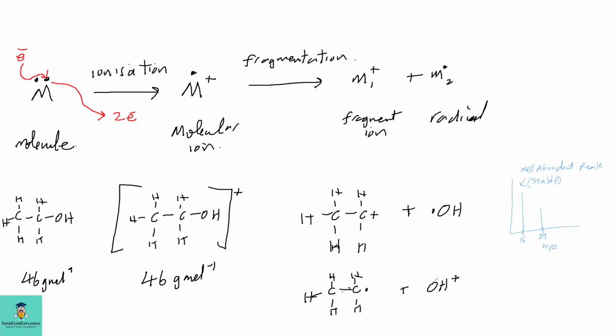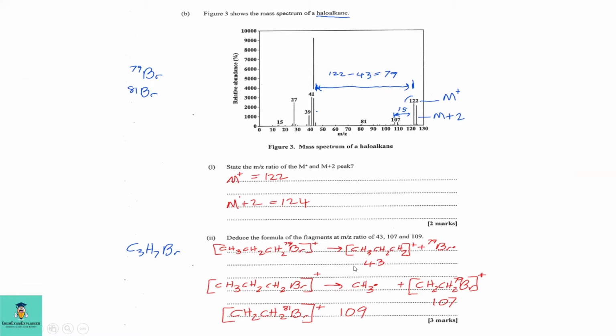So this is 16 for oxygen and 1 for H, which will give us a peak at 17. So this could be the 17 peak, OH+. So just remember that any peak that is identified on the mass spec is positively charged.